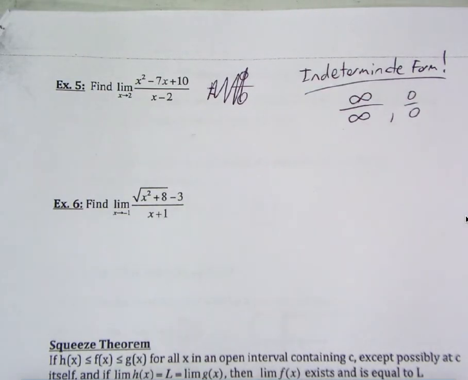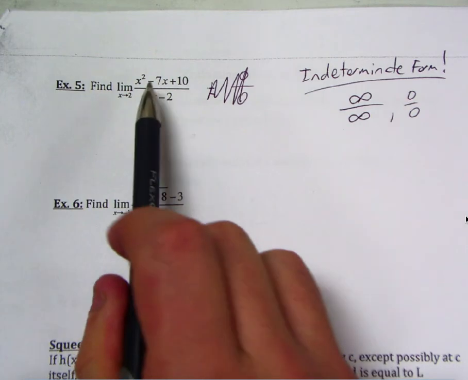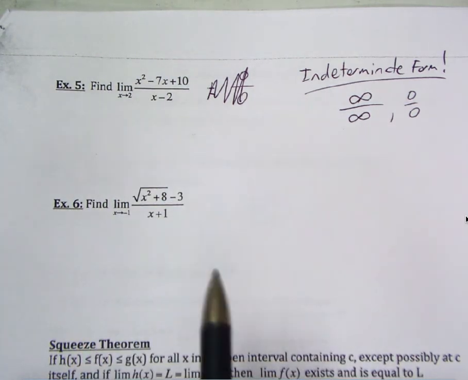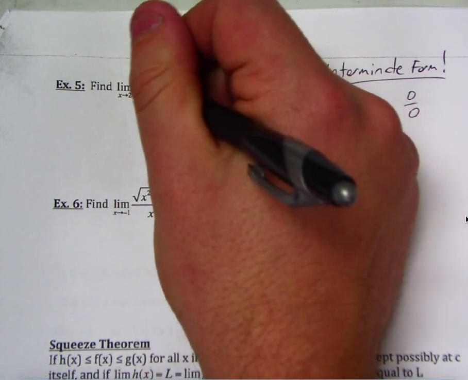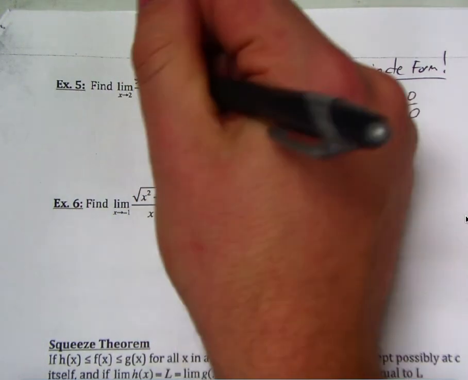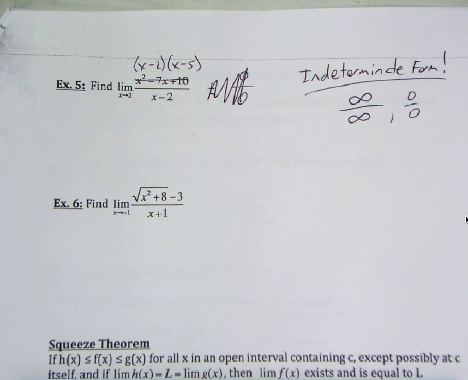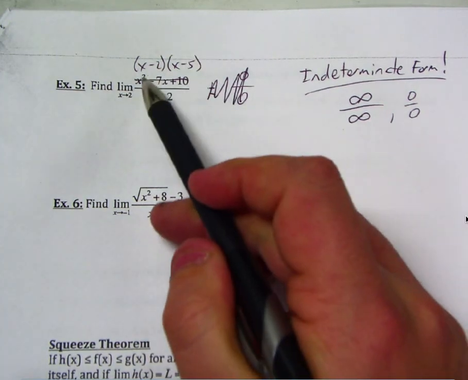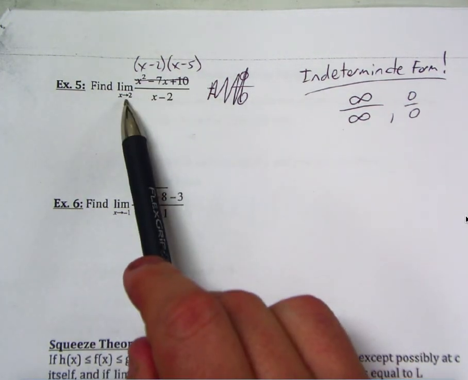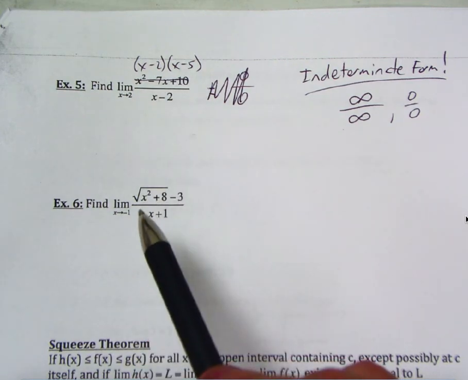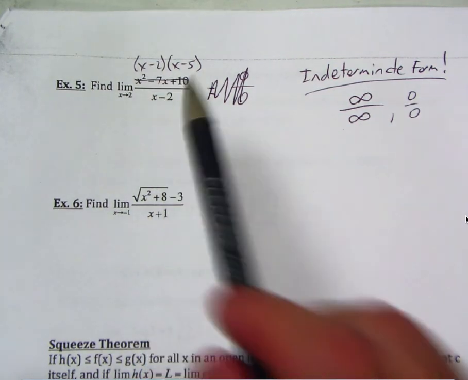Here's what we do. We look for an analytic way. Is there a way we can simplify this? And in fact, there is. We can factor this numerator into x minus 2, x minus 5. And then the x minus 2's go away. The reason direct substitution didn't work right off the bat is because there's a hole at x equals 2.